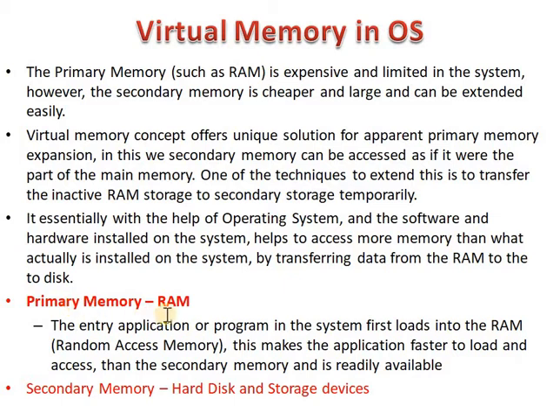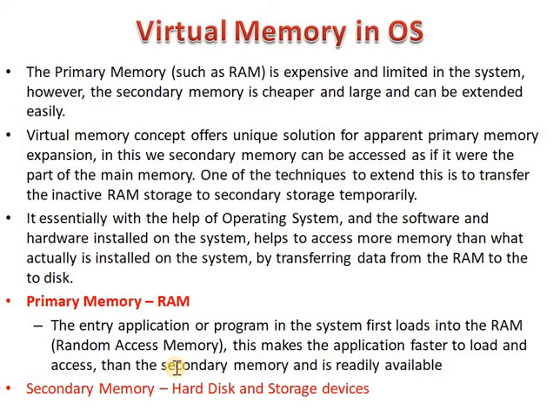We know that the computer's memory is divided into two parts. The first one is the computer's primary memory, that is RAM, and the second one is the secondary memory, that means hard disk or any other storage devices. You know how a particular program or application is executed in the system? The entry of the application or program in the system is first loaded into the RAM memory.